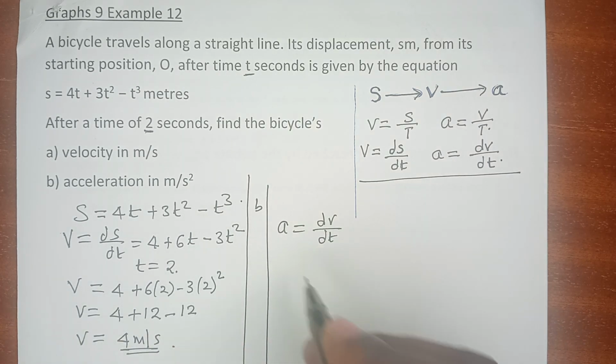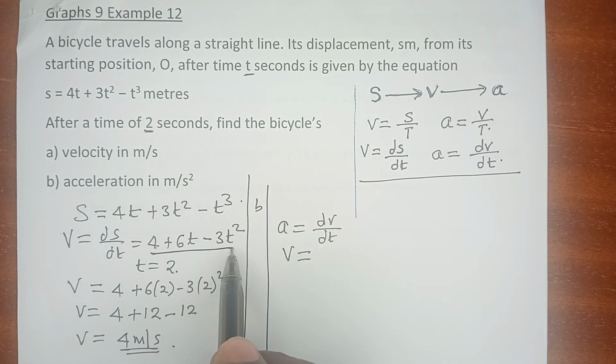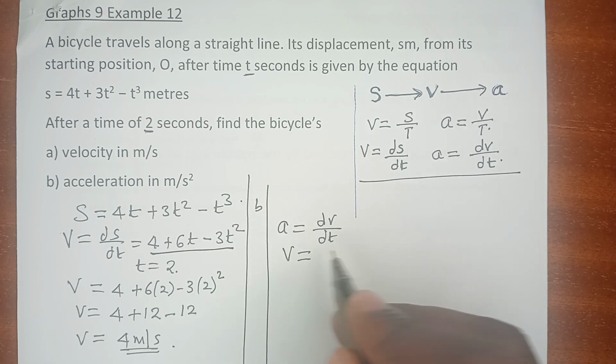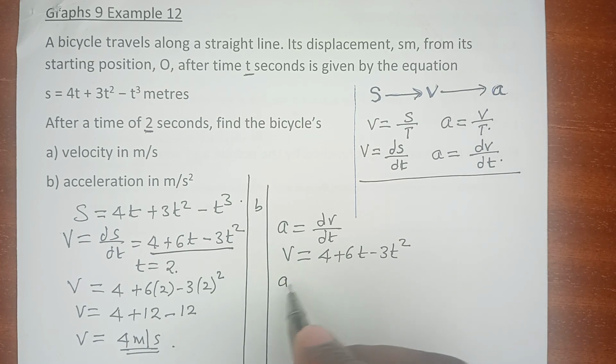But what is v in this case? Our v is actually the first derivative, which is 4 plus 6t minus 3t squared. So acceleration, which is dv/dt, is going to be, this one is a constant, it is going to die, so it is going to be 6 minus 6t raised to power 1.